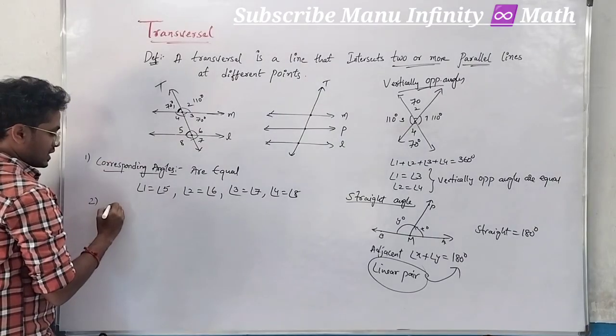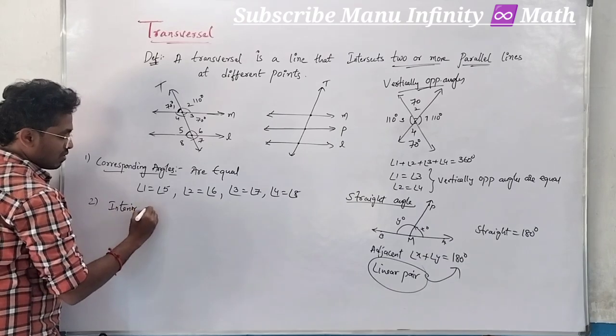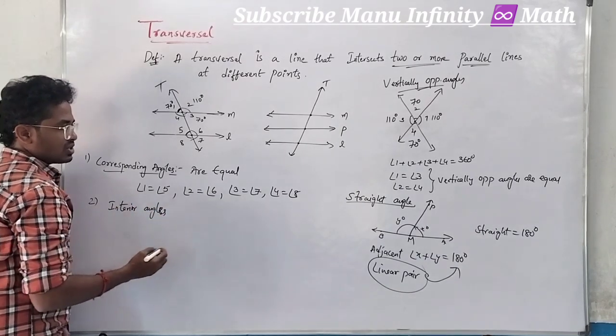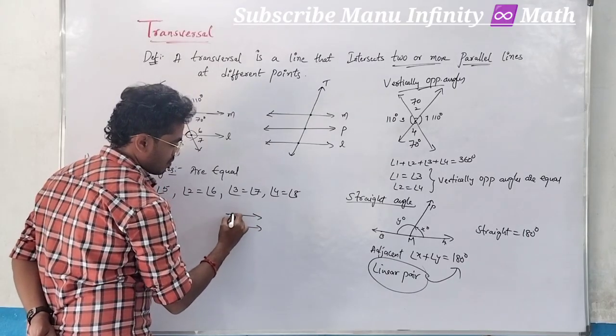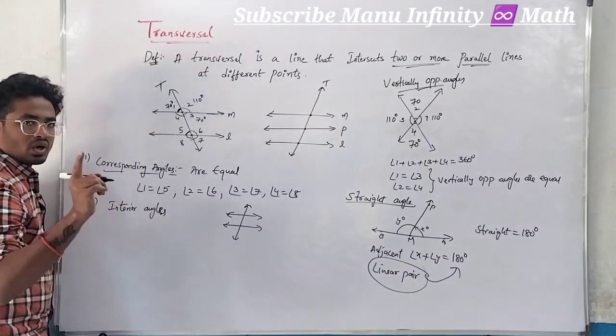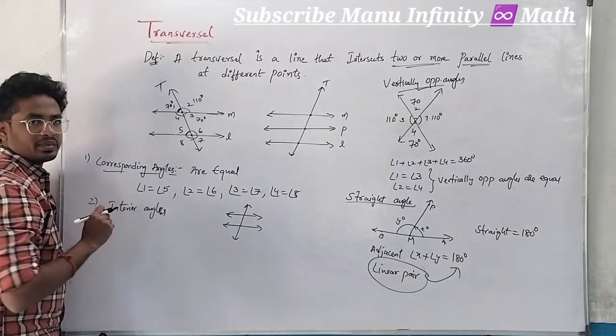Now next we have to know what are interior angles. What is that? Interior angles. So now see, if these are the parallel lines and this is the transversal. Okay, now observe what are the interior angles. Interior, in the name itself it is saying that interior, that means inside.